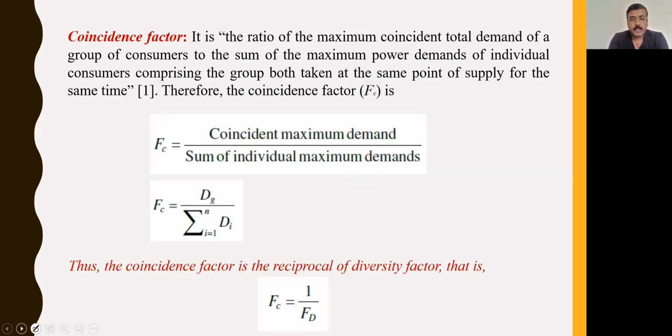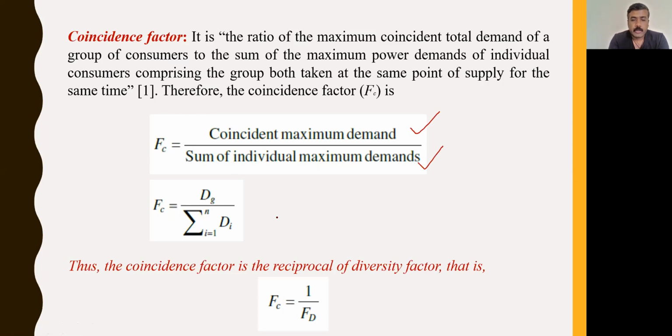Coincidence factor is the ratio of the maximum coincident total demand of a group of consumers, let us say about 100 consumers, to the sum of the maximum power demands of individual consumers comprising the group, both taken at the same point of supply for the same time. So the coincidence factor is expressed as coincident maximum demand to the sum of individual maximum demands.